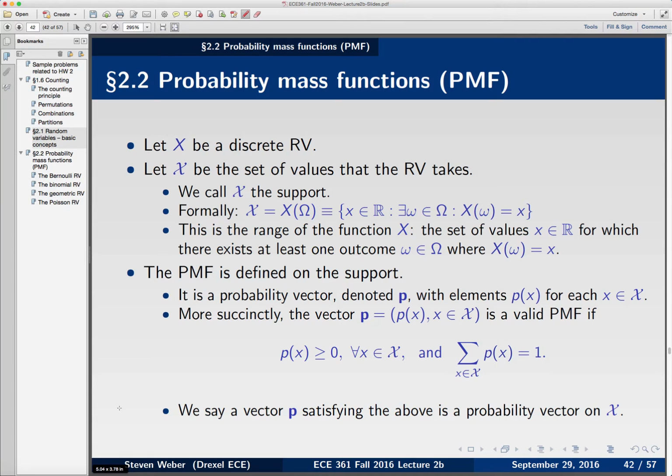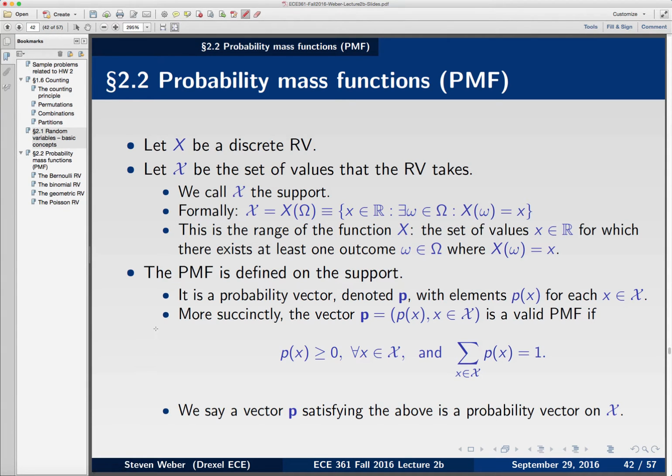Let X, the capital letter X, be a discrete random variable. In general, I'll try to use capital letters near the end of the alphabet, that is, S, T, U, V, W, X, Y, and Z, written as capital letters, to typically denote random variables.